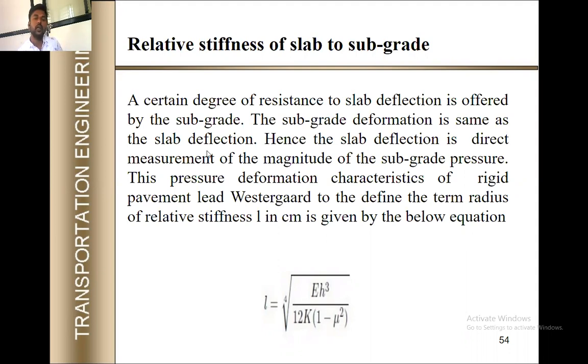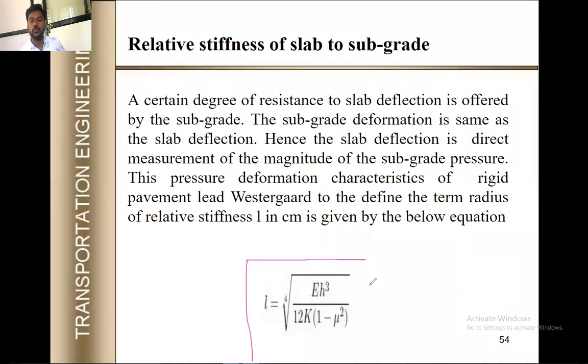By Westergaard, the relative stiffness is given as, see this formula, please write down this formula: l is equal to the fourth root of E H cube divided by 12 K into bracket 1 minus mu square. You can also write like this, E H cube.